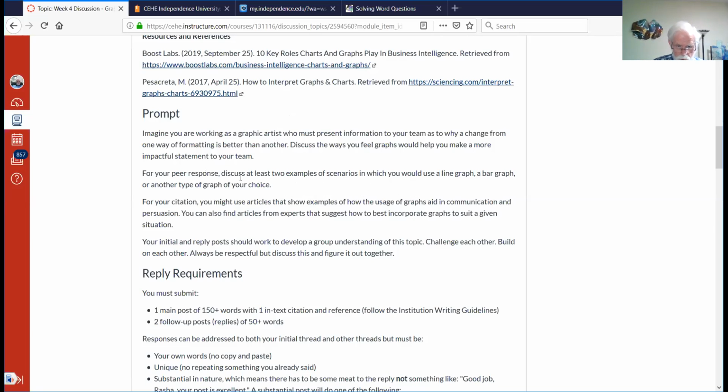But it says discuss at least 2 examples of scenarios. So you can use the visual. Visual is always acceptable because what I want you to do is get used to using these things because they're very important ways of conveying information. But it's not necessary for you to make this hard on yourself.